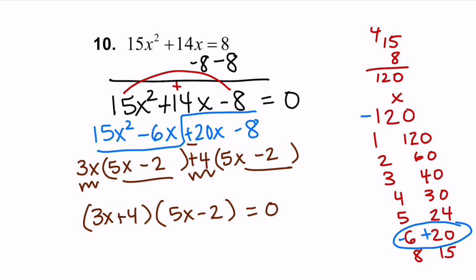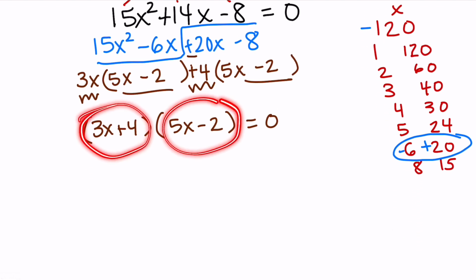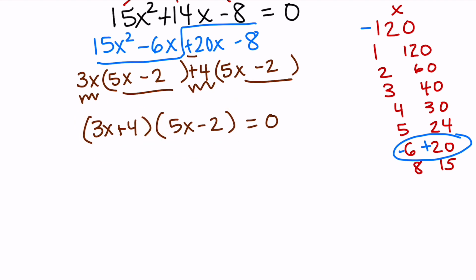We set those equal to 0, and now we can solve it because we have two things that multiply together to equal 0. And so either the first one equals 0, 3x plus 4 equals 0, or 5x minus 2 equals 0.